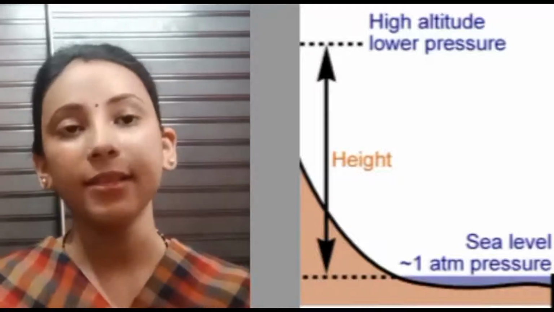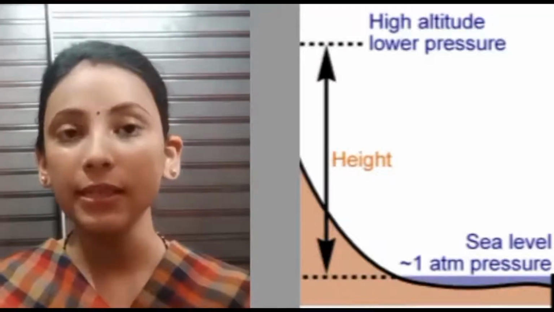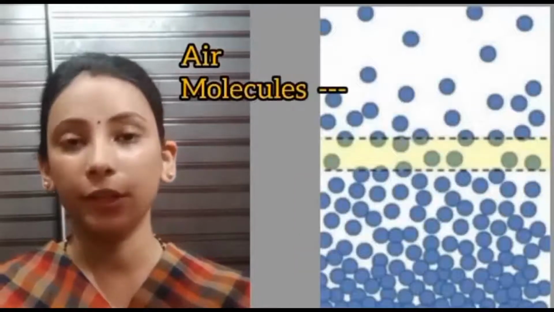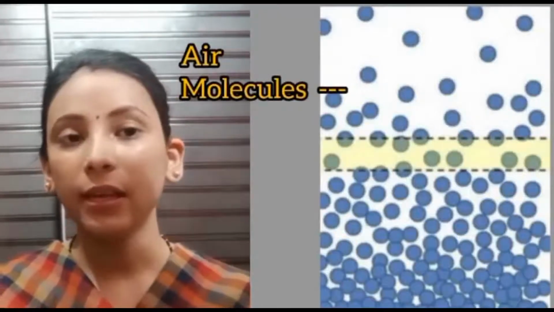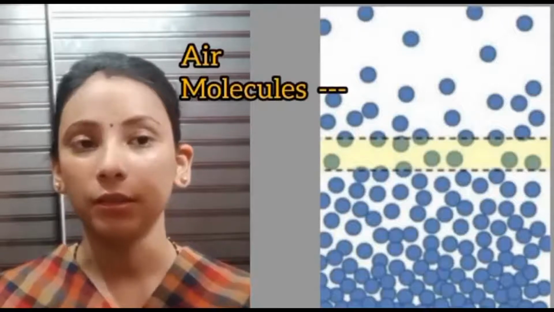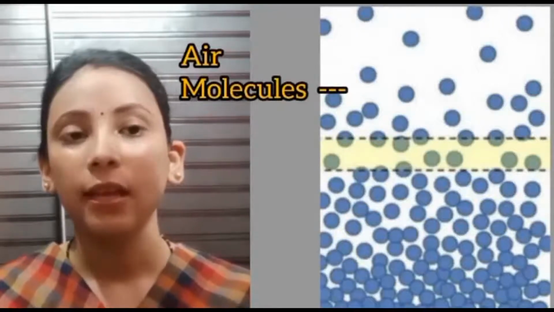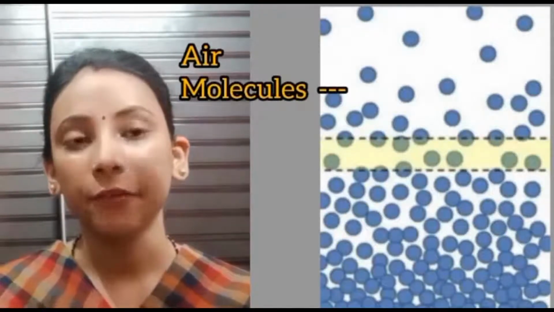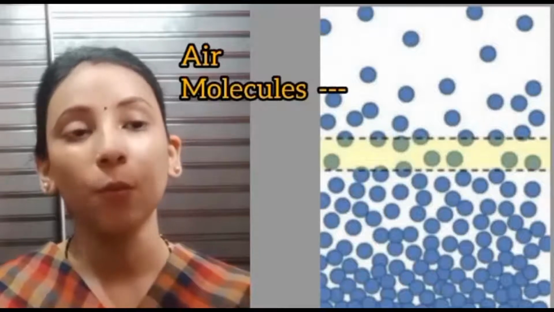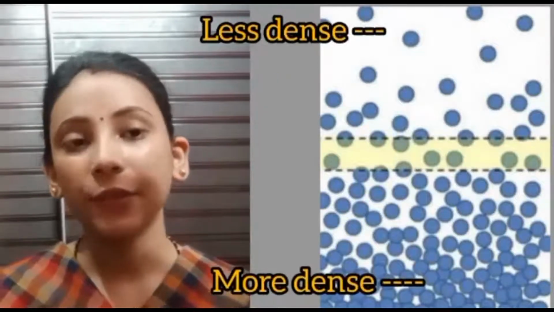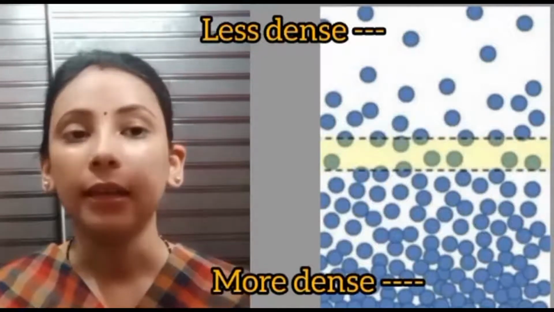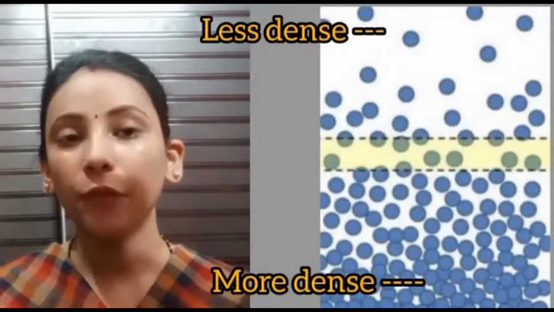But why is it so? The reason is because air molecules are very close to each other near the surface of Earth, which means the air at the surface or near the surface is more dense. But as we go up, there is less air pushing from above.